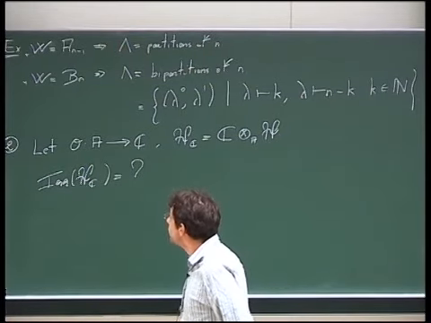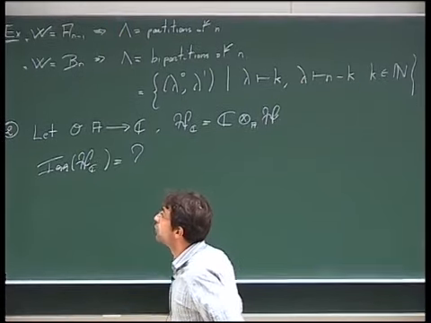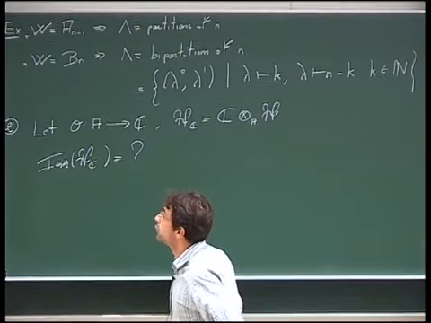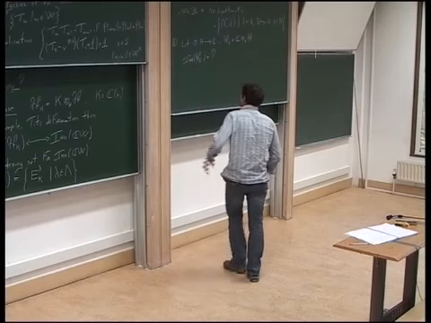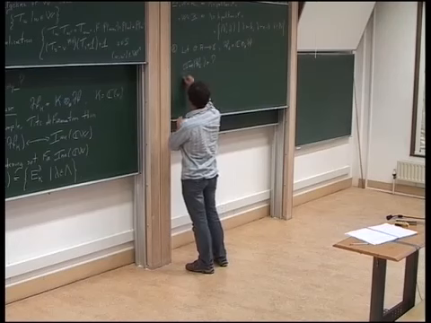To do this, it is usual to work with the decomposition matrix, which really gives an object to work with in modular representation theory. So Hc in general is not semi-simple.